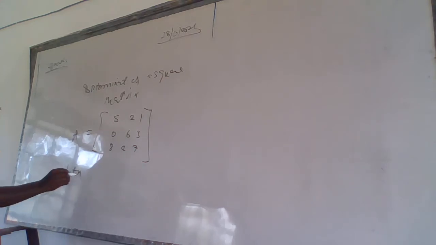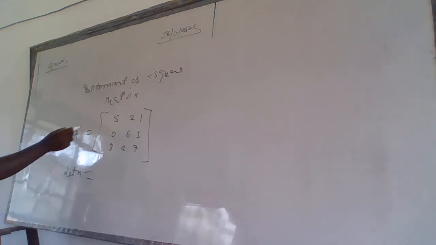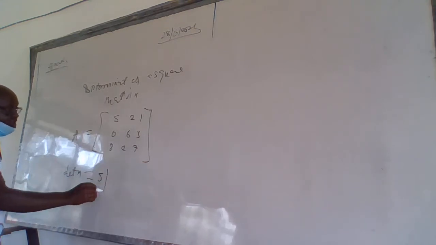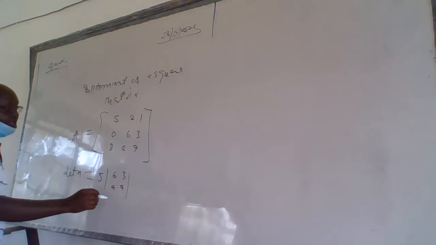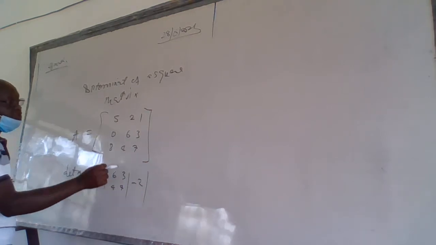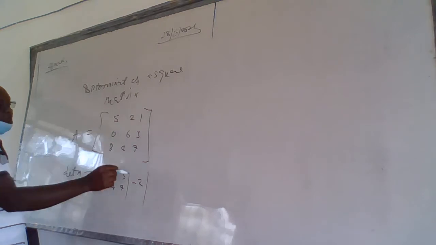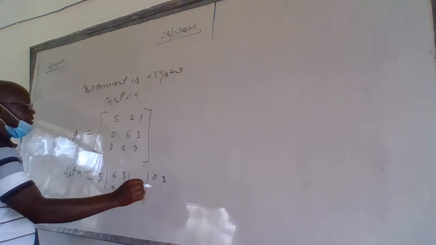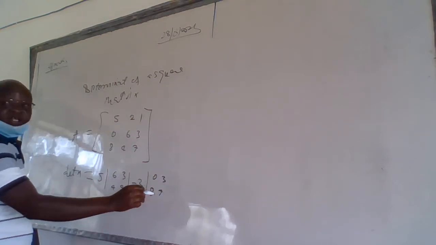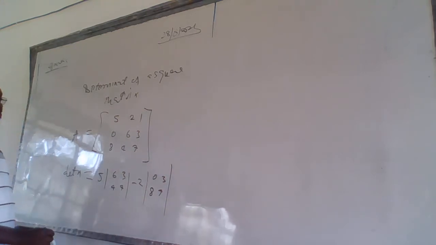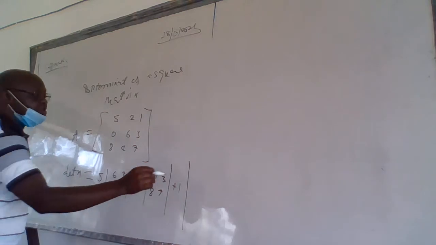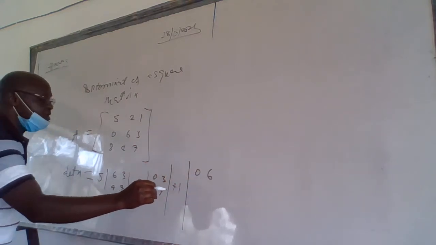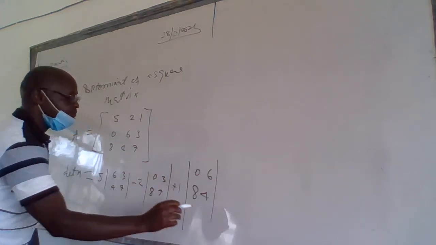Determinant of A will be equal to, as we have said, 5 into the determinant of 6, 3, 4, 7, then minus 2 into the determinant of 0, 3, 8, 7, then plus 1 into the determinant of 0, 6, 8, 4.